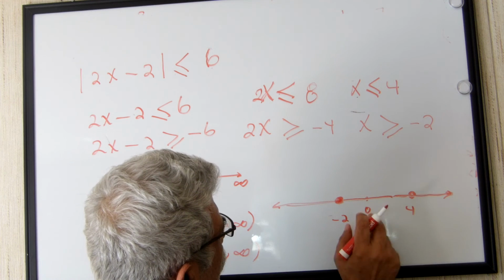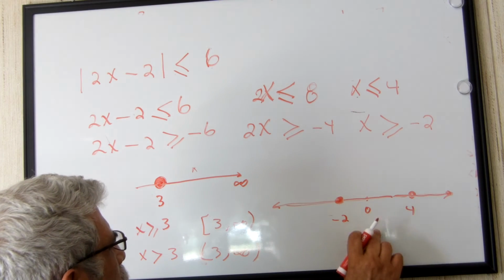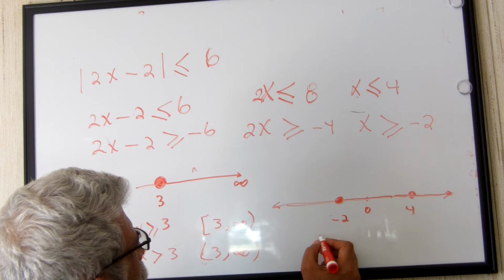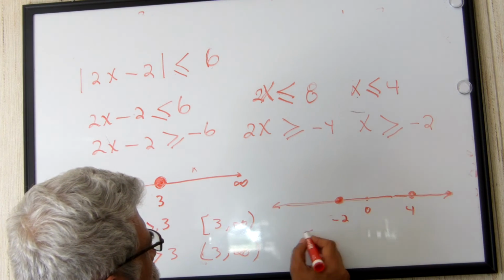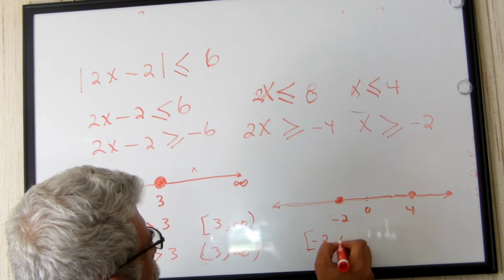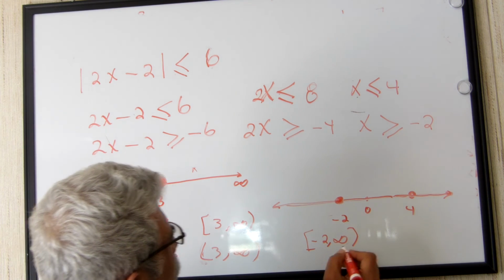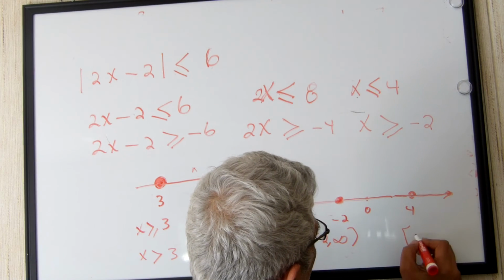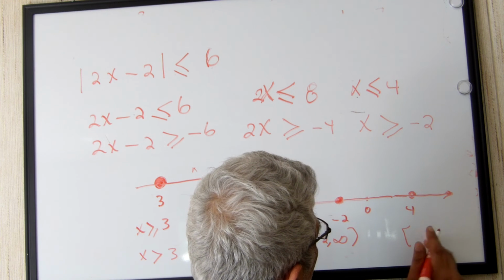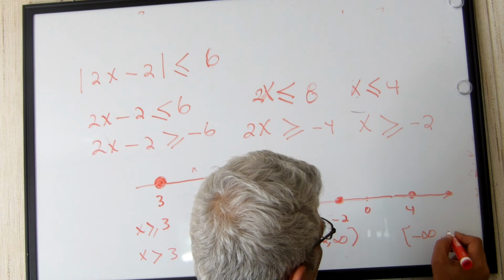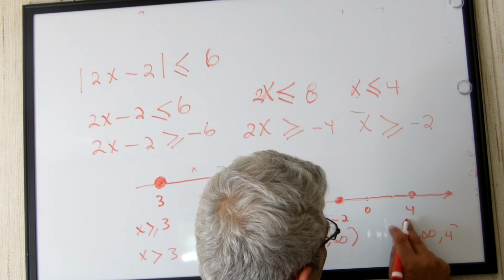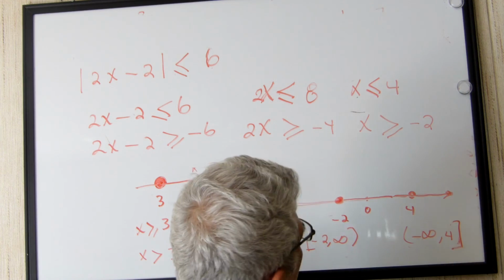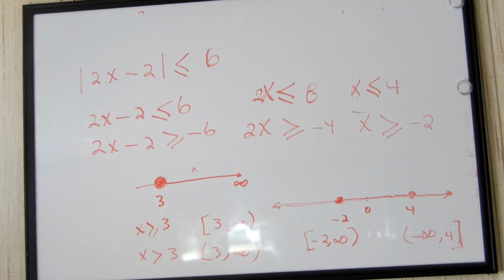The combination of these two can be written as minus 2 to 4. So that's the way we write the intervals.